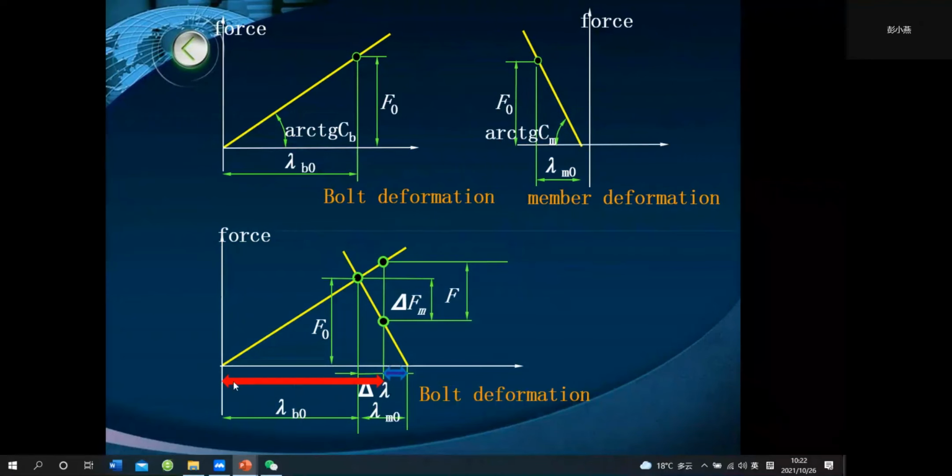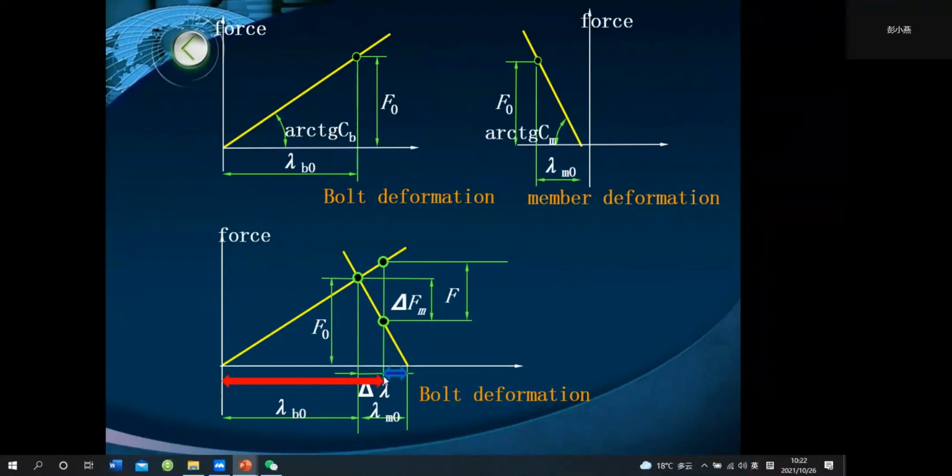Okay, so the red line represents the total deformation of the bolt. It's lambda b0 plus delta lambda. Lambda b0 is related to preload, and the delta lambda is caused by axial force F, and this is the total deformation.